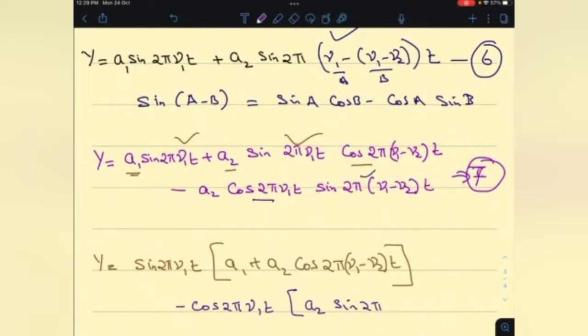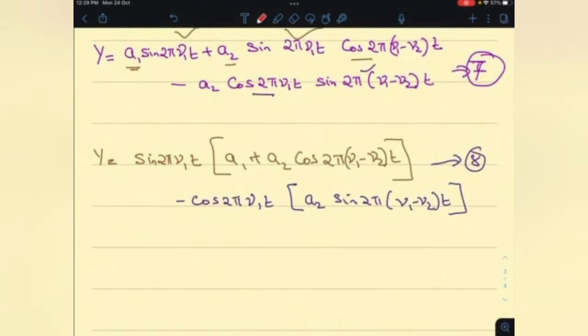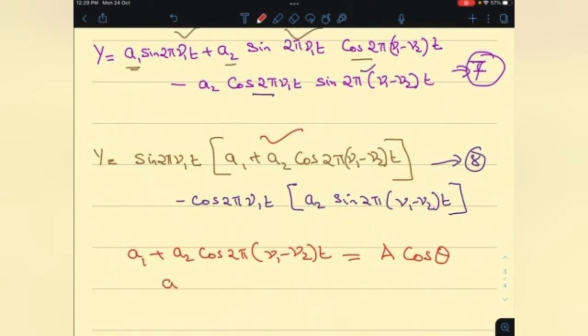So I'm going to make some substitutions. That is a1 plus a2 cos 2 pi nu 1 minus nu 2 into t, I put it as equal to A cos theta, and a2 sin 2 pi into nu 1 minus nu 2 into t as equal to A sin theta.